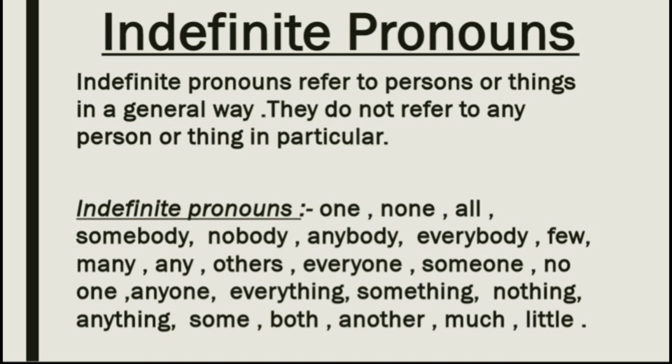So an indefinite pronoun is a pronoun that doesn't specifically identify what it is referring to. For example, take the word someone. Someone is an indefinite pronoun, and we know that the pronoun someone refers to a human being, but we don't know any other information about them.